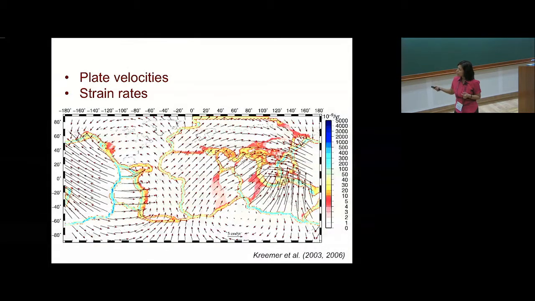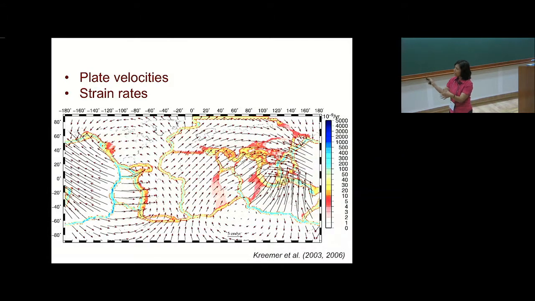These white areas are the regions which have no deformation, which are not straining. The colored regions, and the color bar tells you the values, are regions which have a lot of deformation, where a lot of strain is going on.